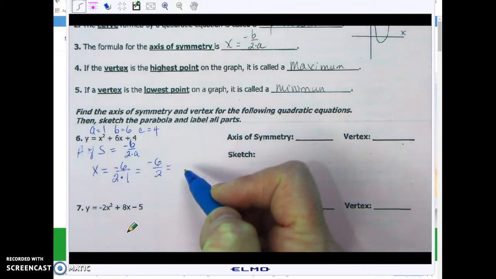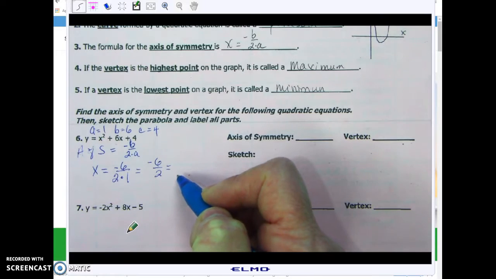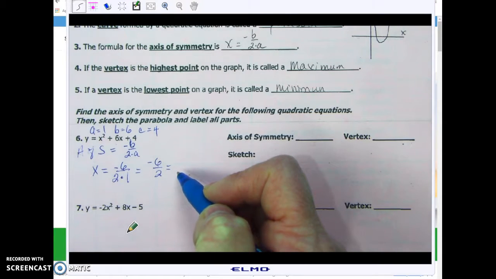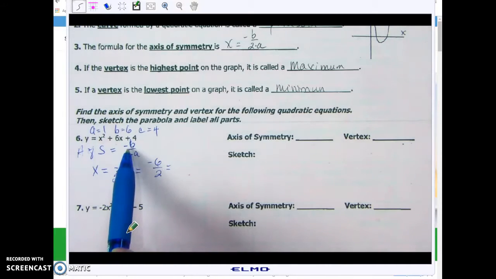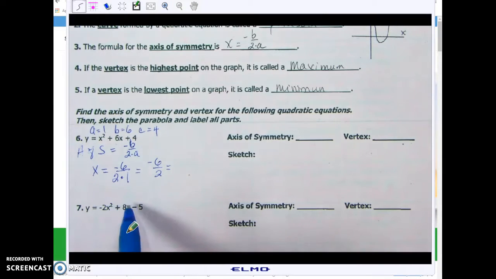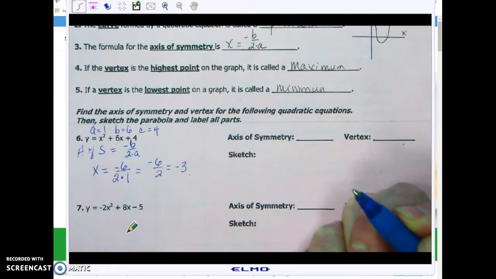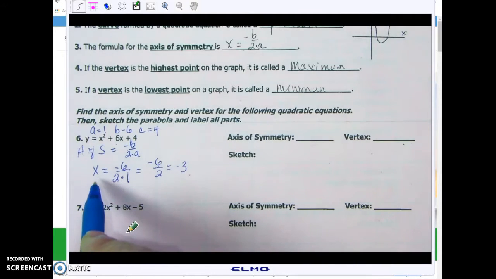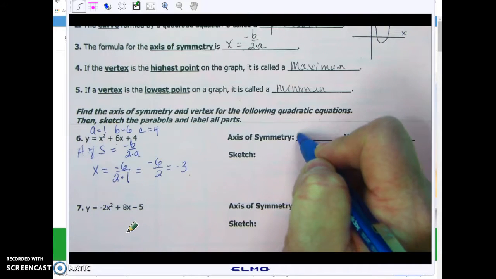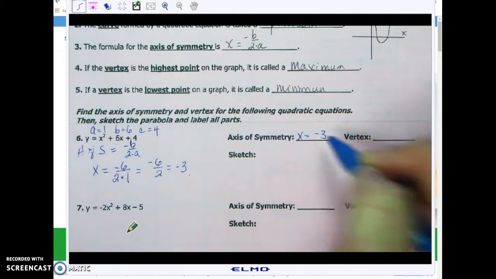What's negative 6 divided by 2? Okay, remember, the formula is negative b, so the 6 that was positive becomes negative. Negative 3. Okay, that gave me my x. So my axis of symmetry is x equals negative 3.